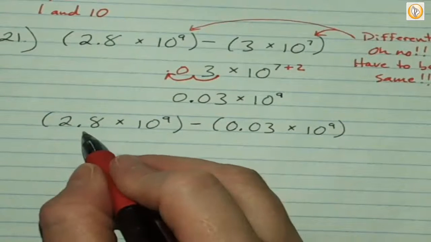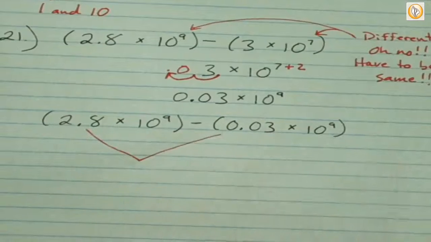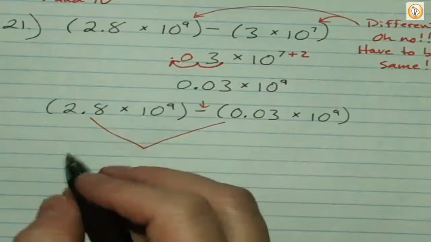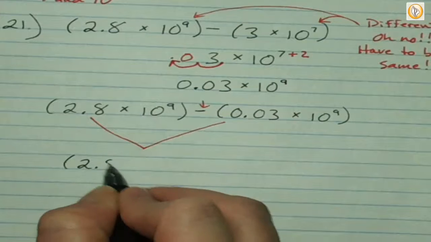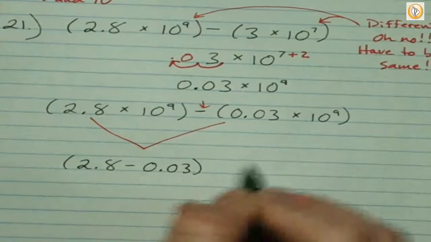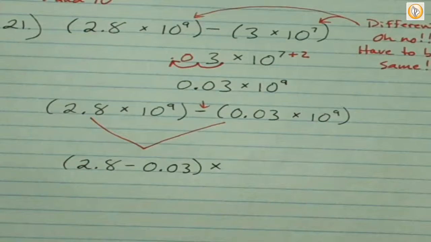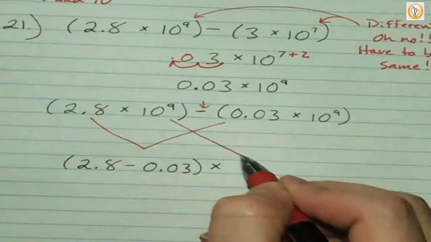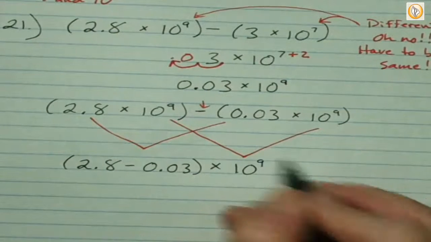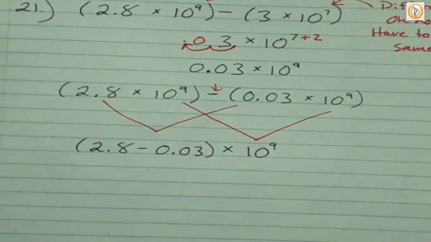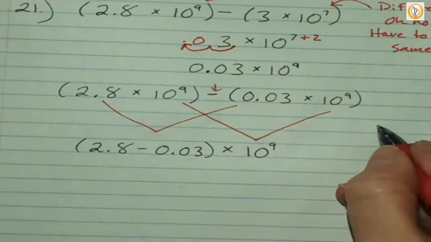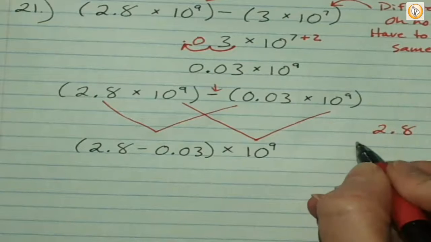So then I do my grouping because I fixed all that. I am subtracting. Please be careful. I don't want you to accidentally add instead. And then we just bring down our 10 to the 9th power. Don't have to do any more work with that. So we need to line up our decimals.